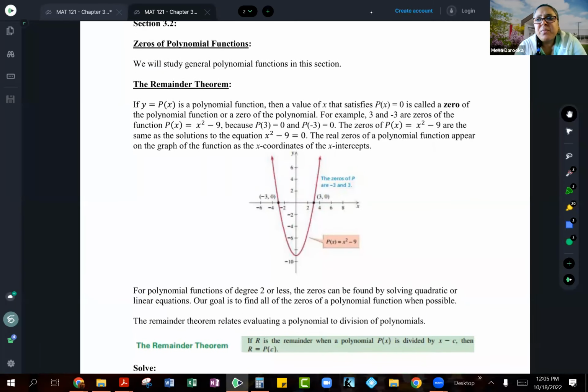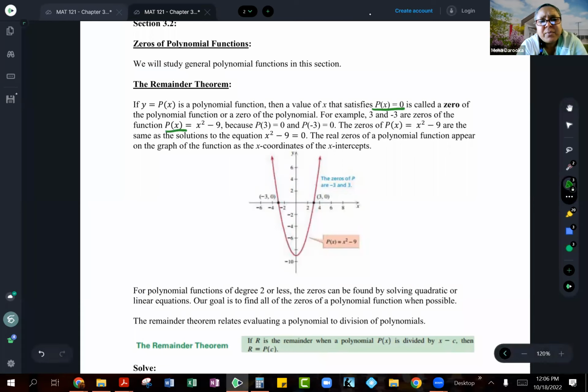So again, remember, when we are talking about finding the zero for a polynomial, you are basically taking your polynomial equation, setting it equal to 0, and then whatever solutions you end up finding, those would be what we call the zeros of the polynomial.